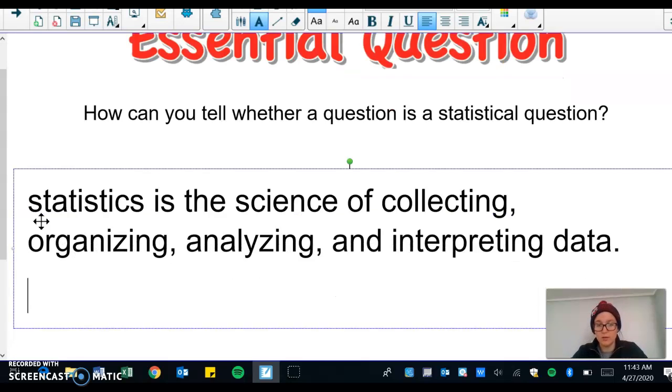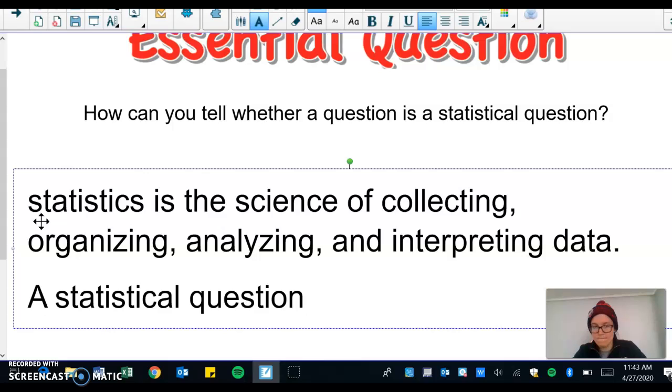And one way you collect data is called a statistical question. It's one of the ways that you can collect, organize, analyze, and interpret data.